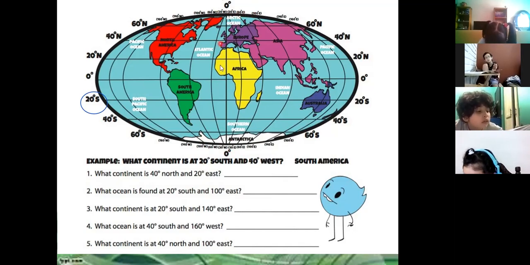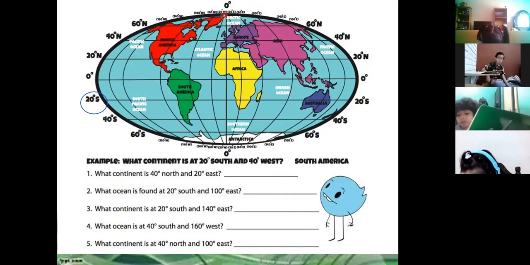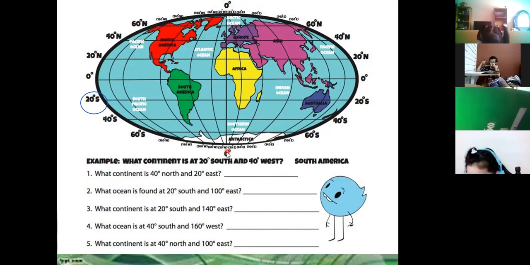Here it is. It might be here. No, this is 20. This is 20 west, right? Okay, so it might be a mistake. Let's use 20, because I see that we have 2 here. So this might be 40. I'm going to make a circle here. It might be 40 west here. Yes, because there are 2. So which one?